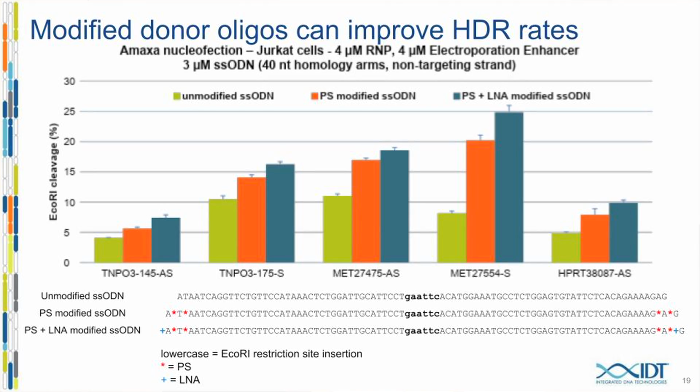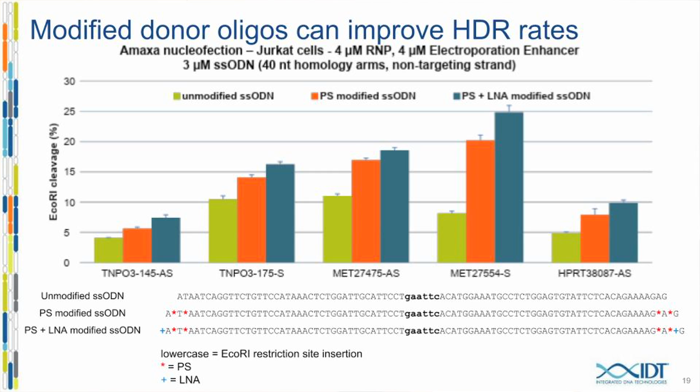Another thing you can do to improve activity is chemically modify your single-stranded DNA template. This is an unmodified ultramer inserting the EcoR1 site compared to ultramers that have some phosphorothioate ends versus phosphorothioate ends plus LNA. Now the biggest boost, your biggest benefit, comes from adding the phosphorothioate residues.